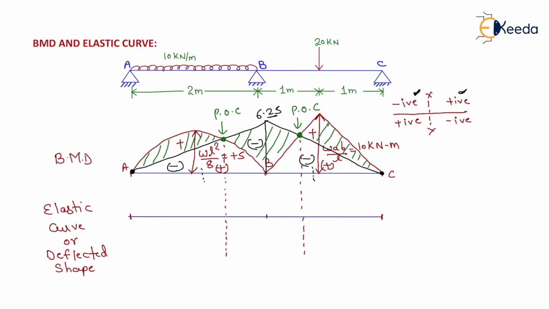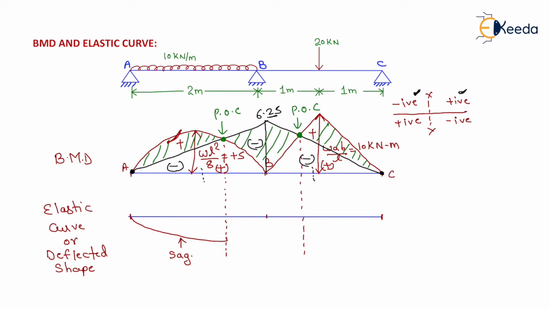Now in this region, the net moment is positive, so we need to make the sagging shape throughout up to this point. Due to the hinge support at support A, the shape will be like this, that is throughout sagging moment.